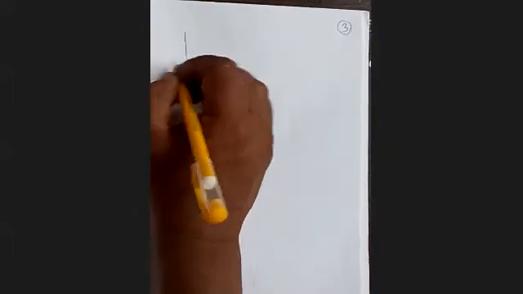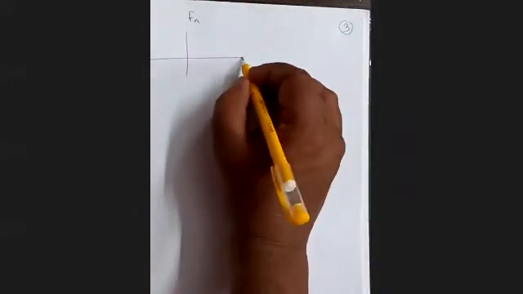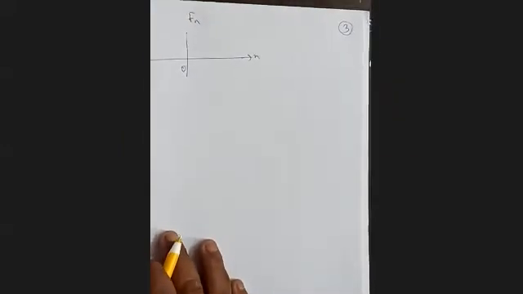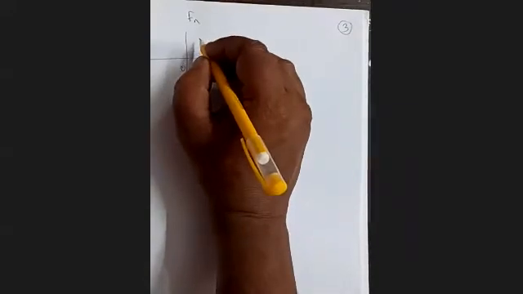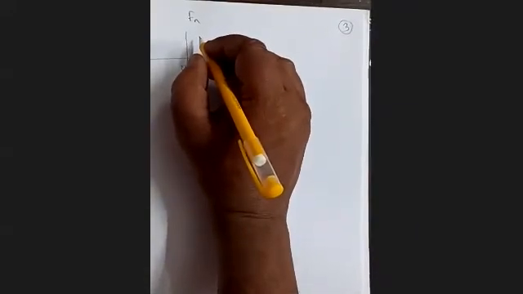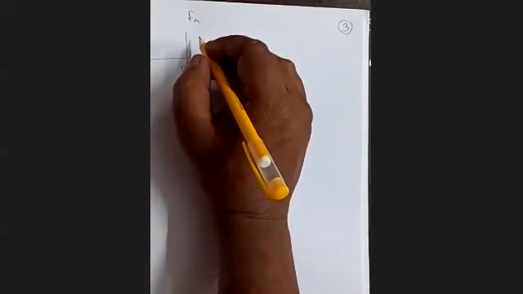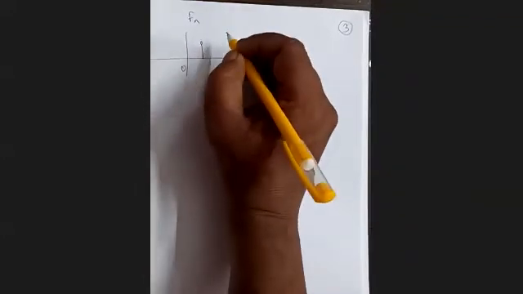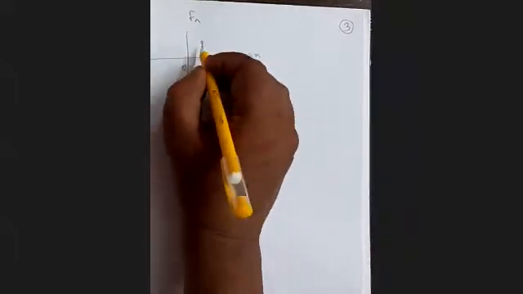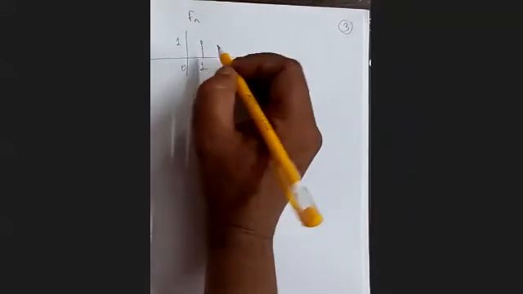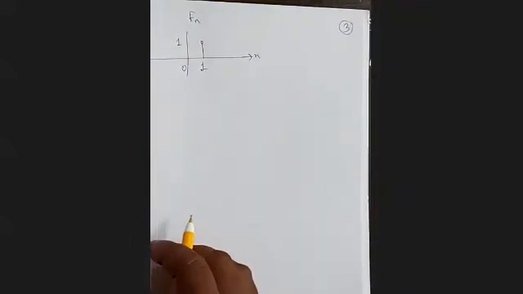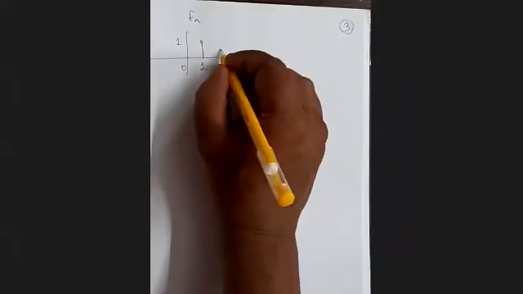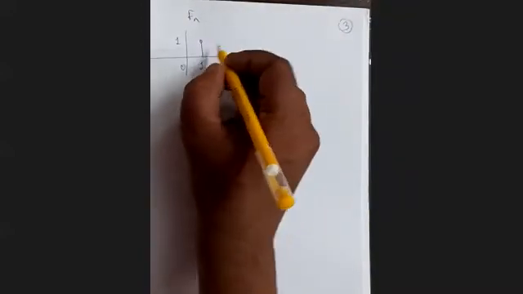If we plot Fn versus n, now our F1 is 1, and F2 is half. For n equal to 1, this is 1. For n equal to 2, this is half.